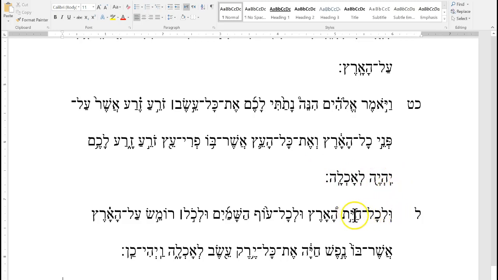Ul'chol chayat haaretz, and to all the beasts of the earth, ul'chol of hashamayim, and to all the birds of the heavens, ul'chol romes al haaretz, and to all the creepers on the earth, asher bo nefesh chayah, in which there is the nefesh chayah, et kol yerek esev le'ochla, the green stuff of herbage for food, vayhi chen, and it was so.